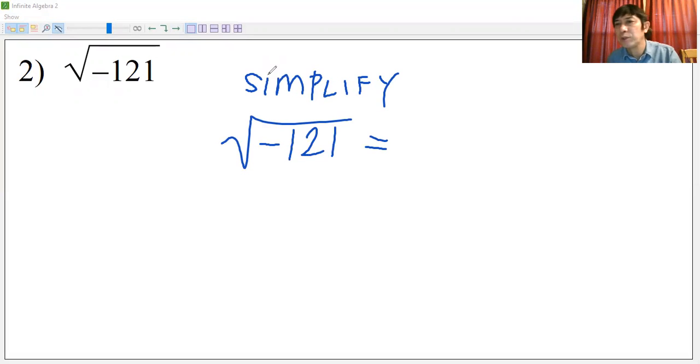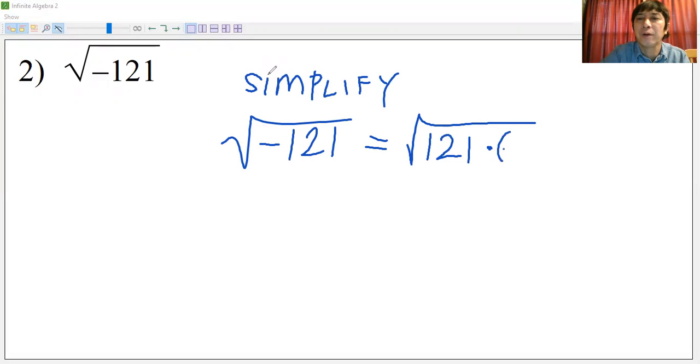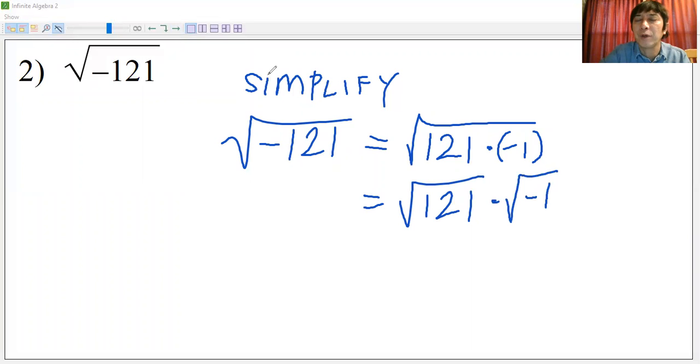Now, 121 has an exact square root, which is 11. So you can actually write this like 121 times the negative 1. There. And you can split the square root of 121 and times square root of negative 1.